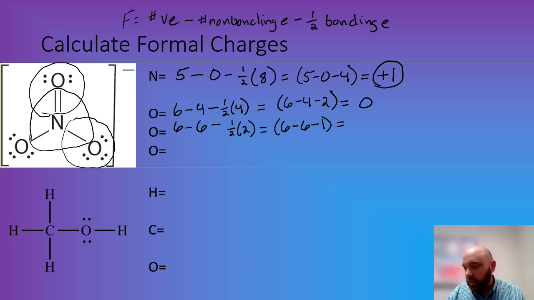This gives a -1 for the formal charge on that oxygen. We can probably see that the other oxygen here will closely match that of the oxygen here, and we can pretty much say that they have the same pattern, so they would look exactly the same.